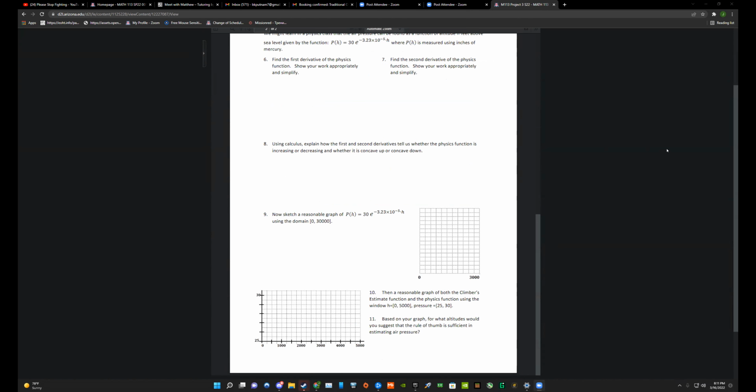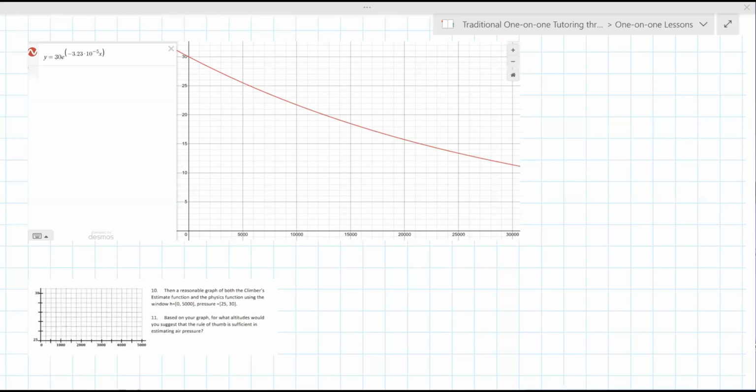So just to be clear, the graph that I made is okay. The graph that you just saw, let me share my screen, is for part 9. Okay, this is totally correct for number 9. Part 10 is different. Part 10 is where you actually have to make a different window.